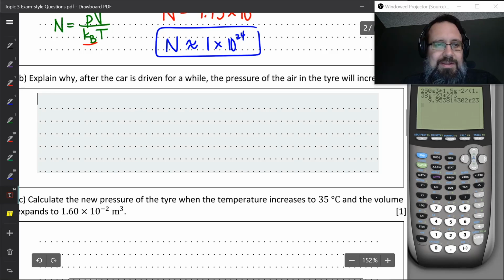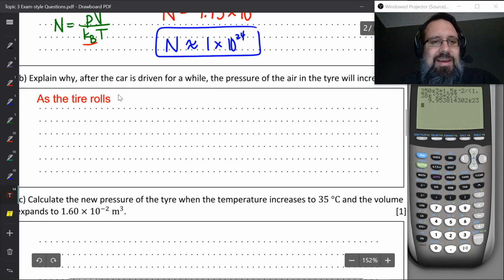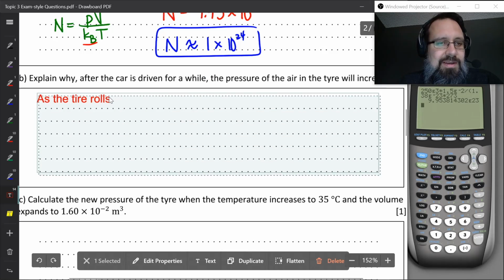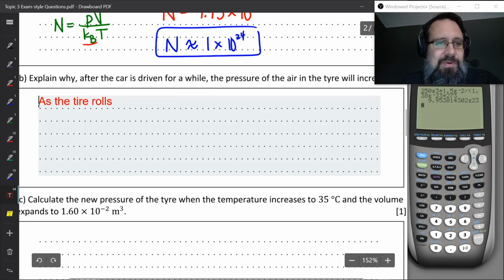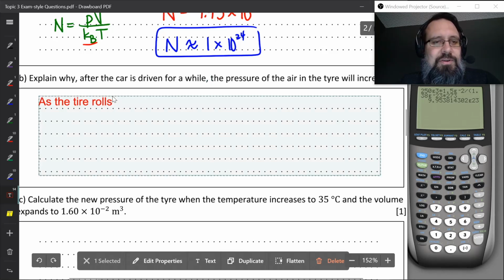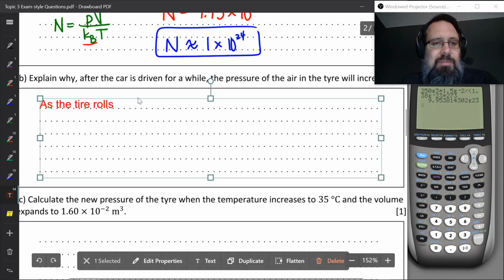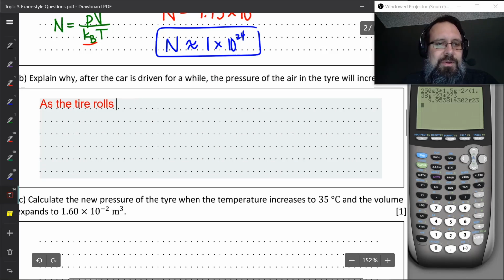Okay, so as the tire rolls, you'll notice that I don't need to use the funky IB spelling. I can spell it like an American. There's nothing wrong with spelling it the way we want to spell it, but they're going to publish the test in their standard version of English, which is the British English. But we can still use our American English if we want to.